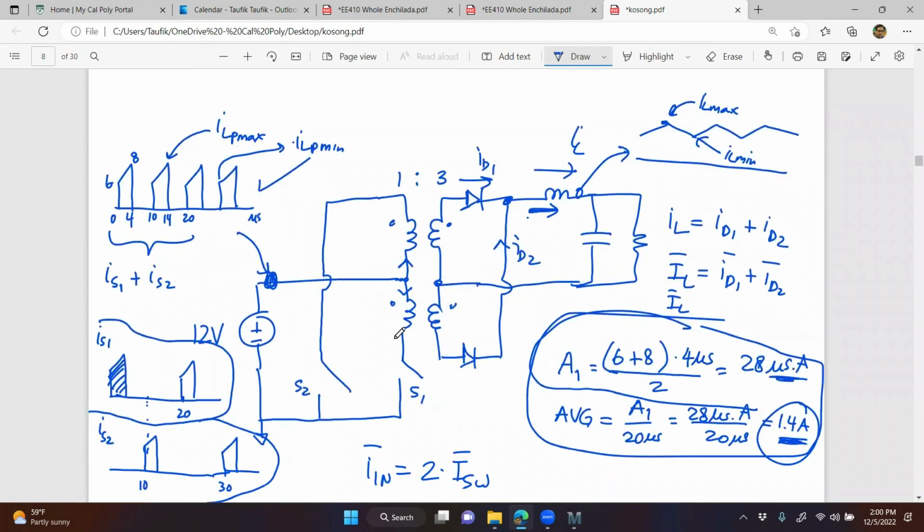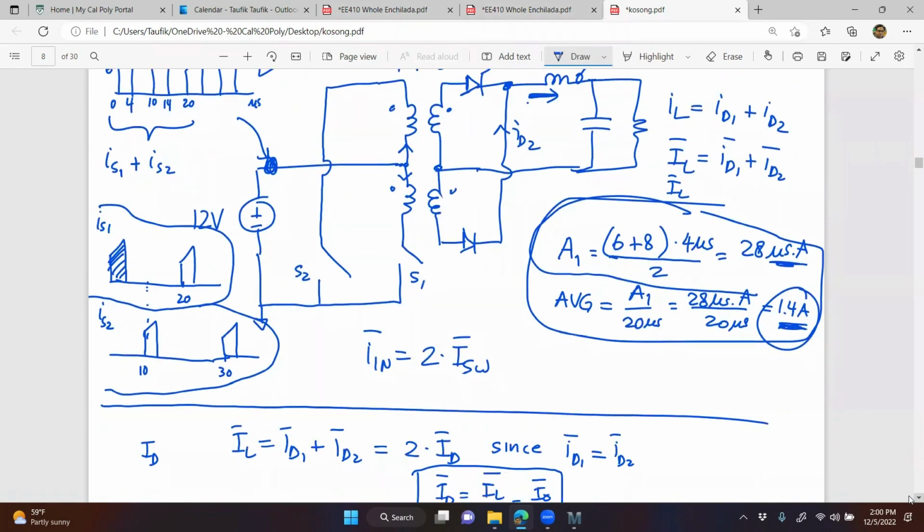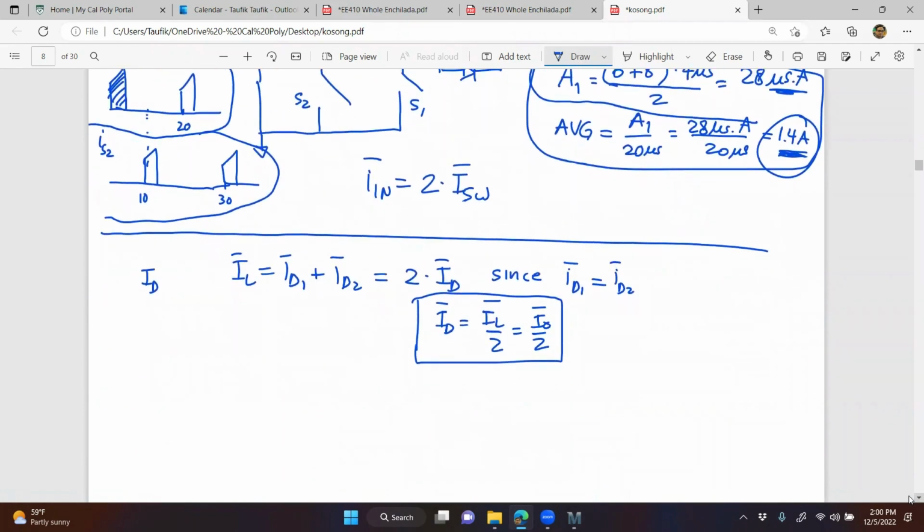That's why you cannot use 1 minus D anymore. Okay, that was my mistake. Learn by doing.